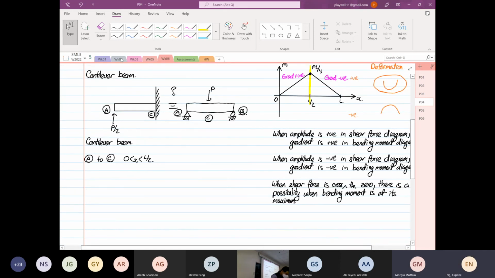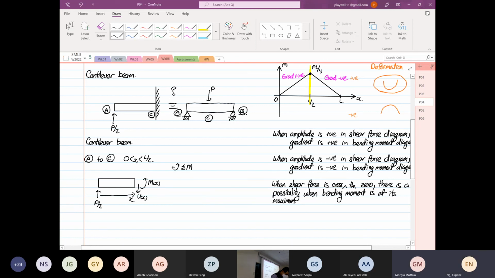So we do that now. This will be P over 2. This distance will be x, with positive shear and positive moment assumption.